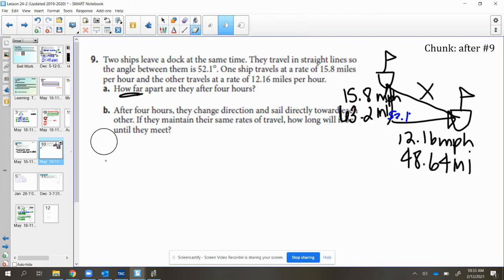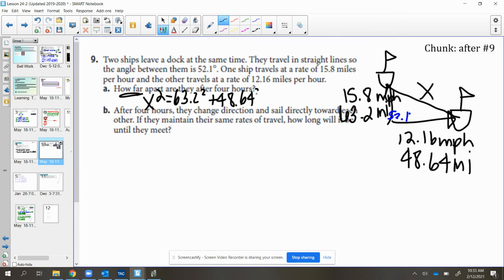I'm going to solve it up here. We can set up to solve for x squared because we have the two sides, 63.2 squared, 48.64 squared, and then minus 2 times 63.2 and 48.64.